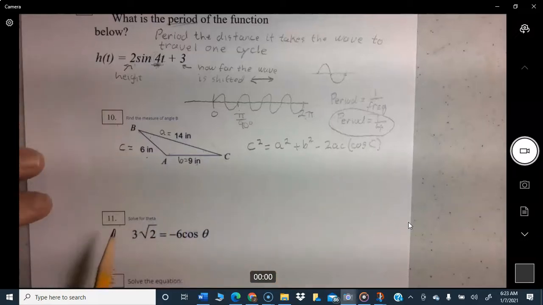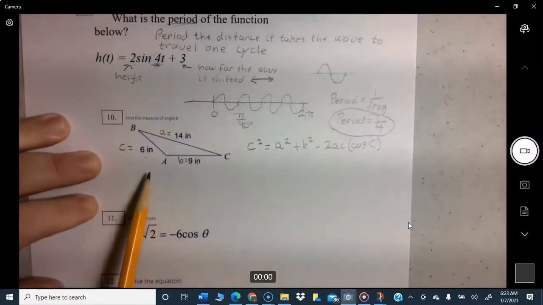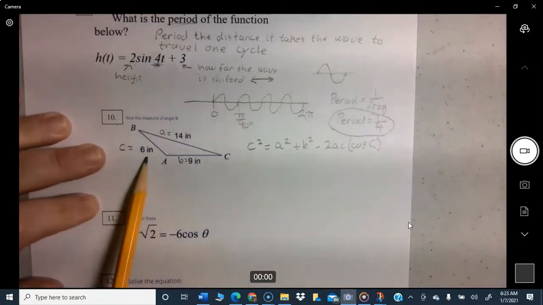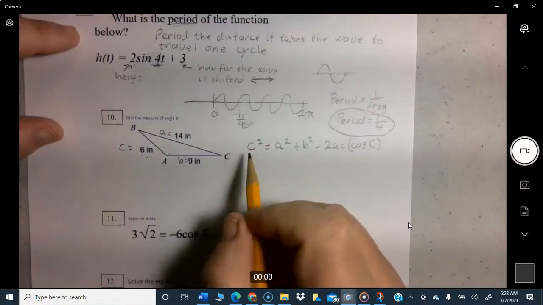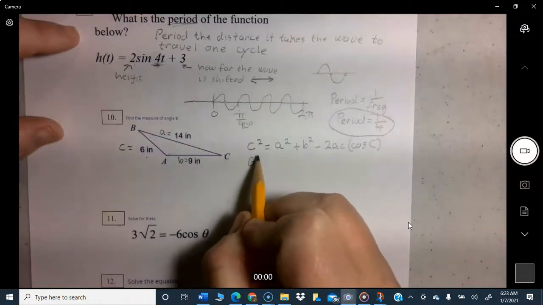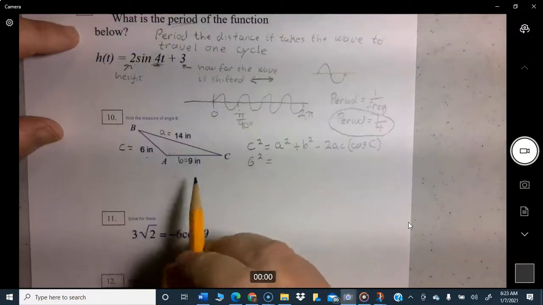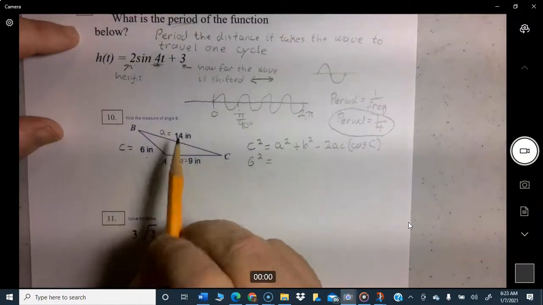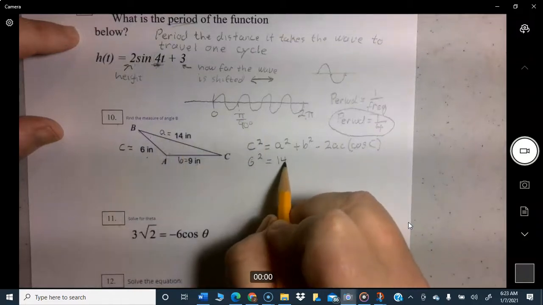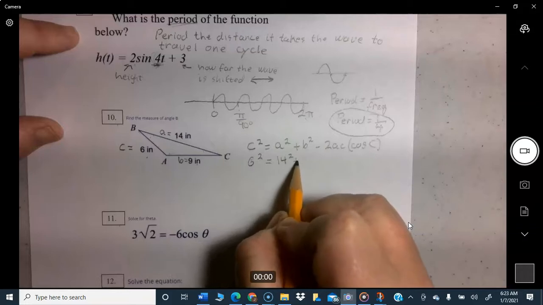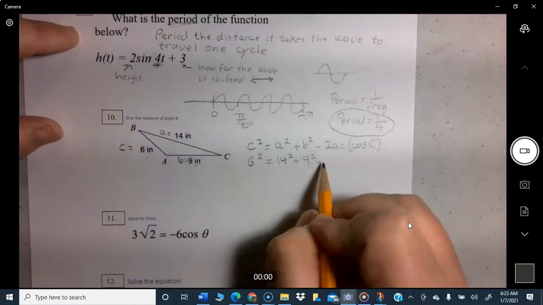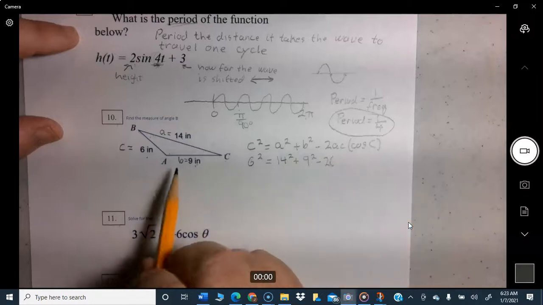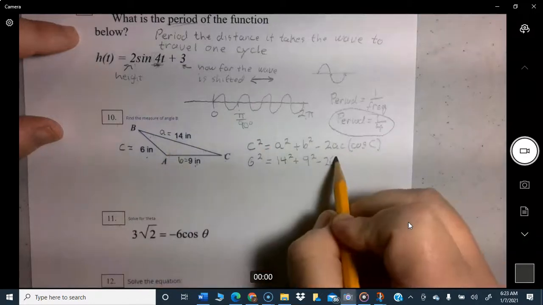All right. Now we'll go ahead and just plug in. So it's 6 inches squared equals 14 inches squared plus 9 inches squared minus 2 times... Side A is 14.